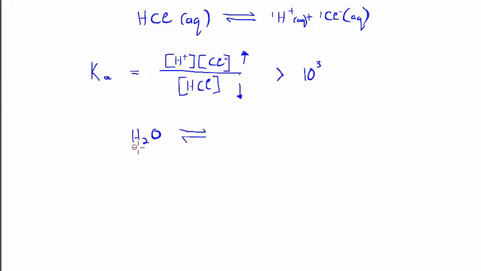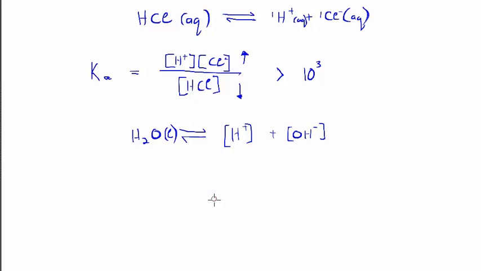When it ionizes, remember this is not aqueous. This is not dissolved into water. It is itself water, so this is just liquid. But it ionizes into H plus and OH minus ions. Now, very, very little.